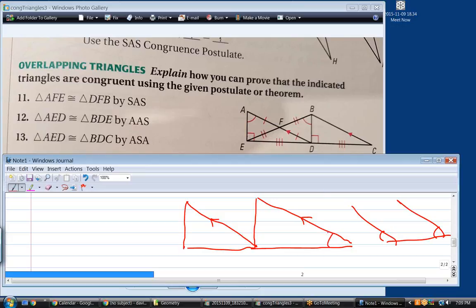In other words, that angle right there and that angle right there, along with this angle here and this angle there, because they're both right angles, and the side that's right in between both of them. That side there. And that's angle, side, angle. So we had to use the parallel line aspect.